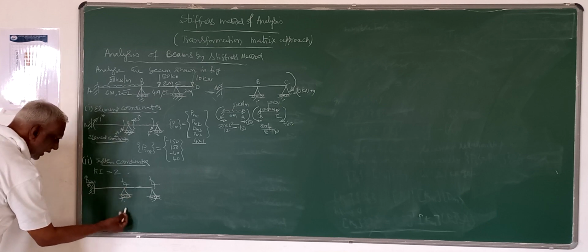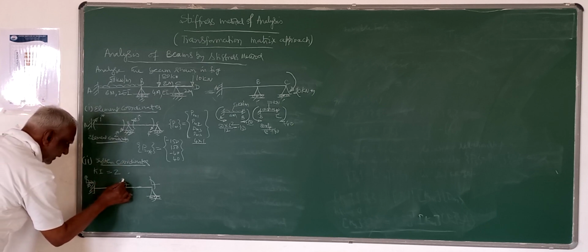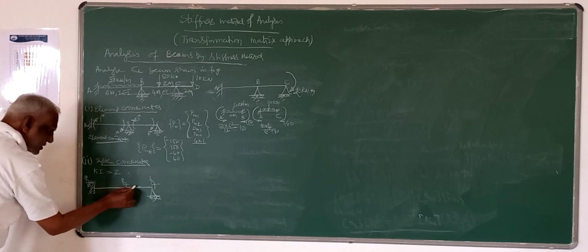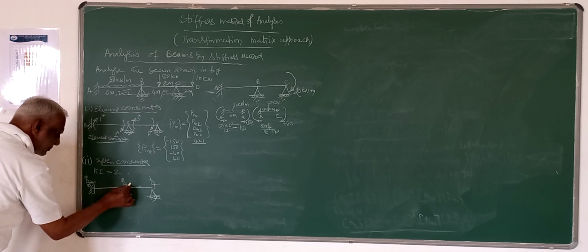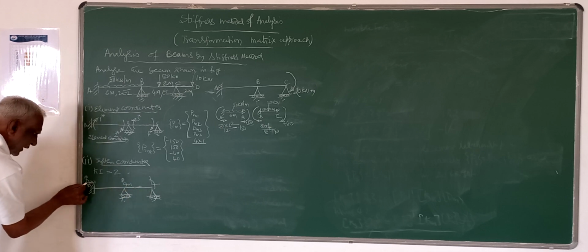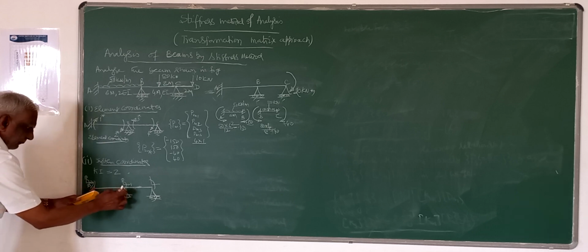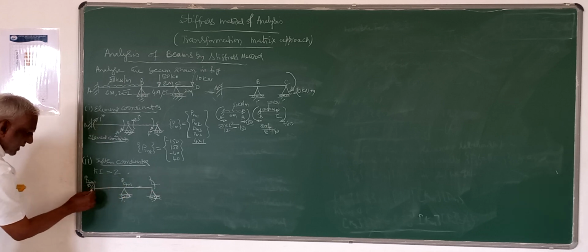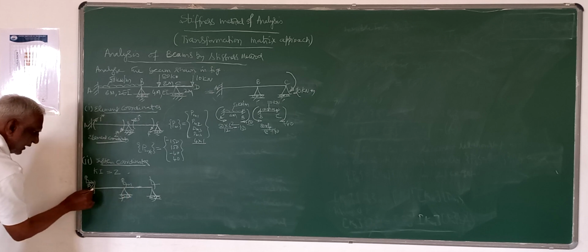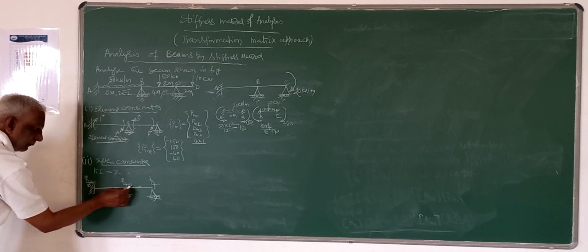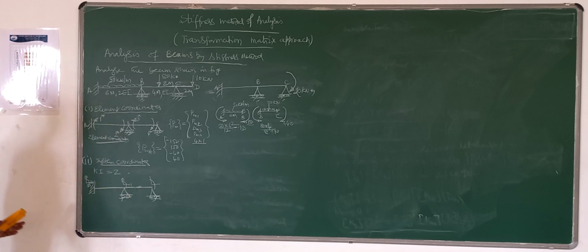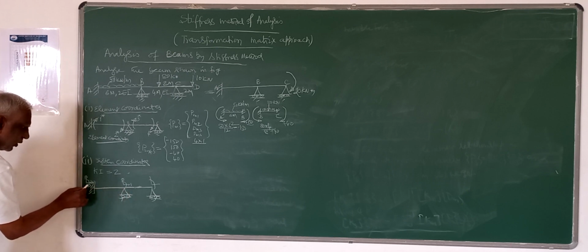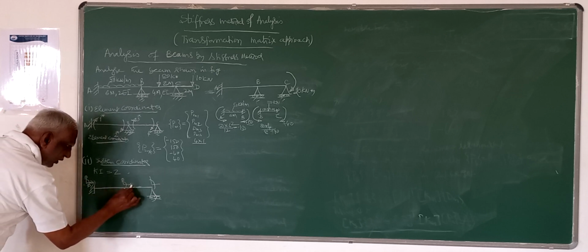And here it is roller, so vertical displacement is not possible. Horizontal displacement, it is possible. But for the member AB, if horizontal displacement at all is possible here, the other end also should move, because this member is assumed to be axially rigid. So if this moves, this also should move, but this cannot move because of fixity. So this also cannot move.